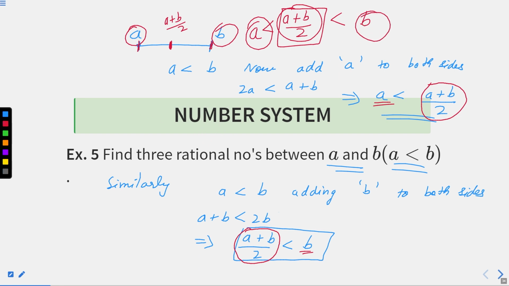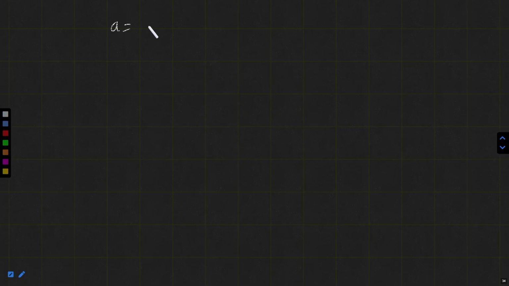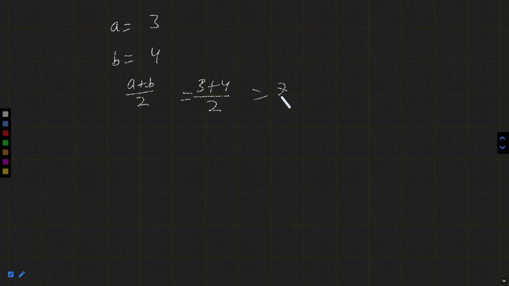Clear? For example, let's see an example. If a is given as 3 and b is given as 4, then adding both numbers, 3 plus 4, and dividing by 2, (a+b)/2 is 7/2, which is equal to 3.5, which is greater than 3 and less than 4.